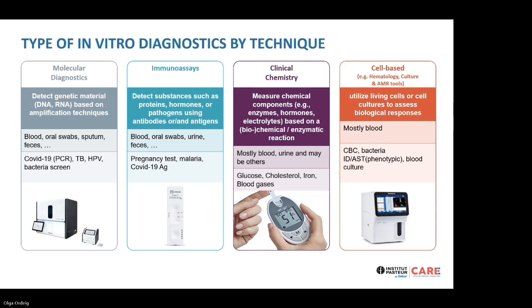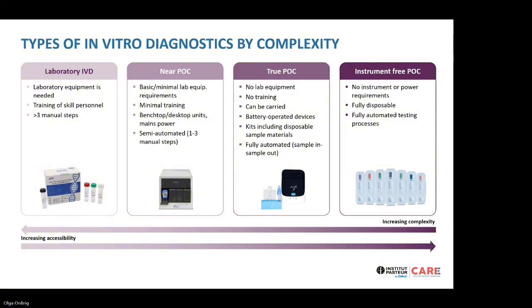So this is based on the technique, but IVDs can also be classified through complexity, and that's what I find more interesting, and the path we are going to follow for the rest of the conversation. There is no one way of classifying IVDs through complexity.